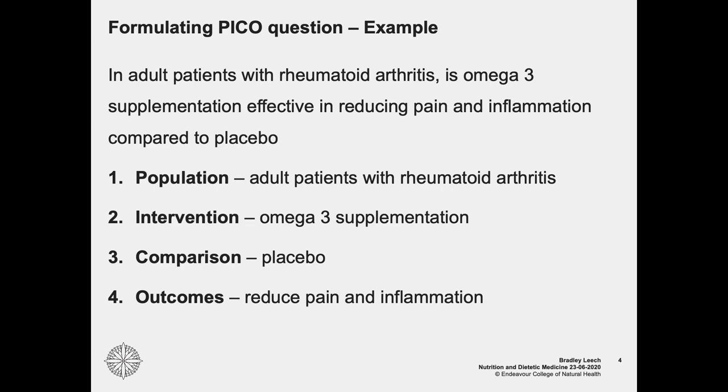In this PICO question, the patient or population group are adults with rheumatoid arthritis. The intervention is omega-3 supplementation. The comparison is placebo. And the outcome measures we're trying to investigate is the reduction in pain and inflammation.